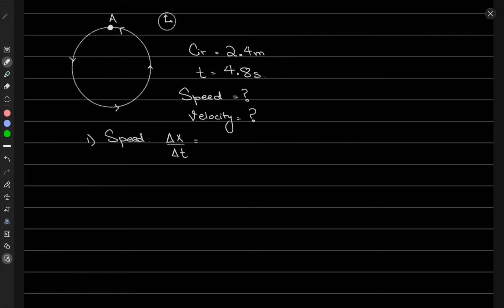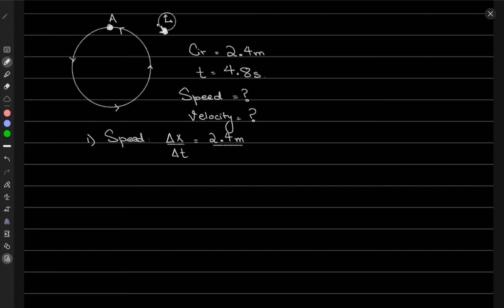So if my train starts from point A and it moves on this line, covers this whole complete round and comes back to point A, it has traveled a distance of 2.4 meters. So in place of this distance, I'll just put 2.4 meters divided by time.